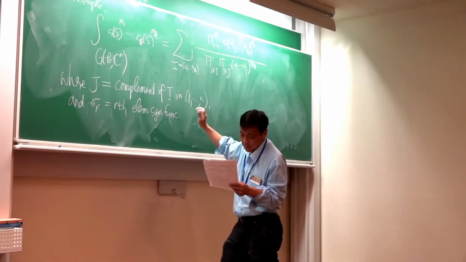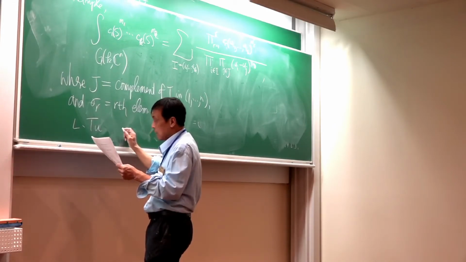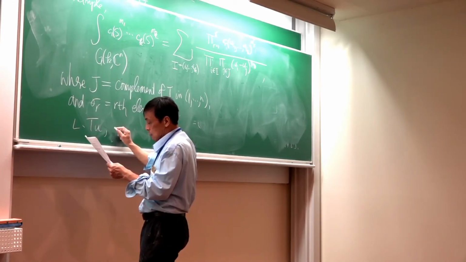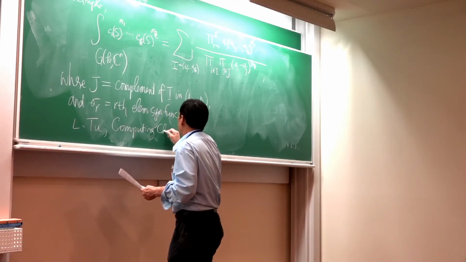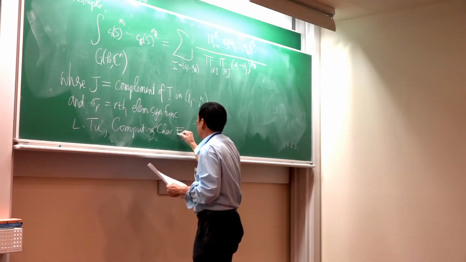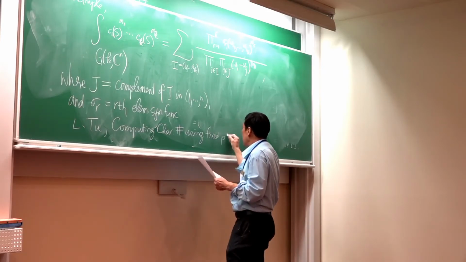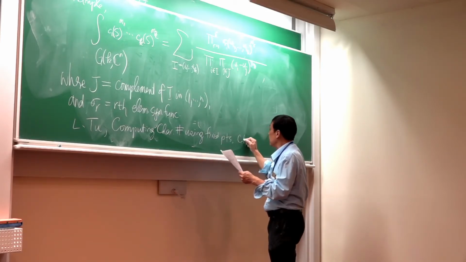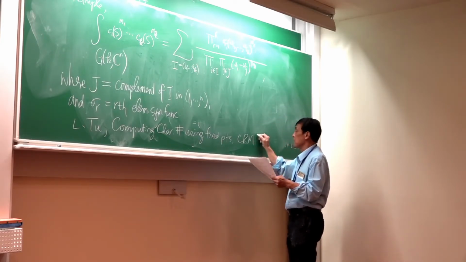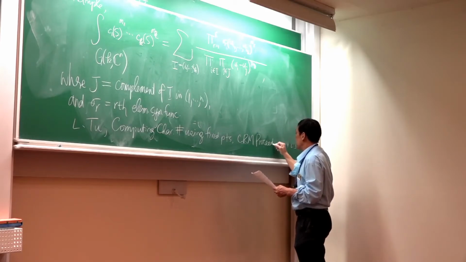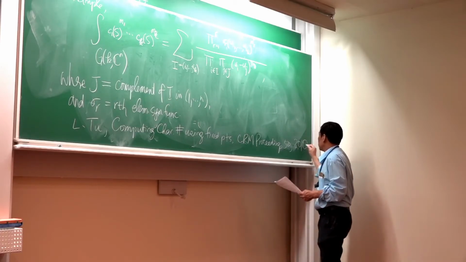So this formula you can find in my paper called Computing Characteristic Numbers Using Fixed Points, and it is in the Centre de Recerca Matemàtica Proceedings 50, 2010.